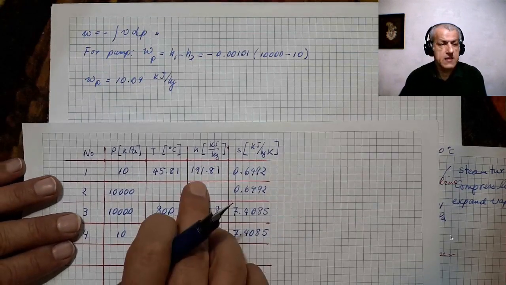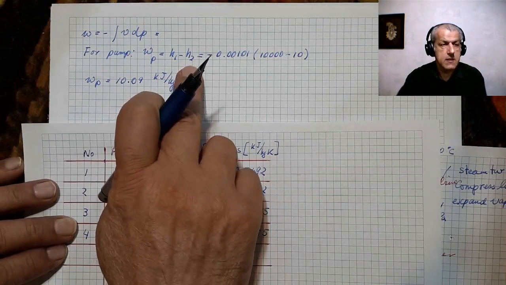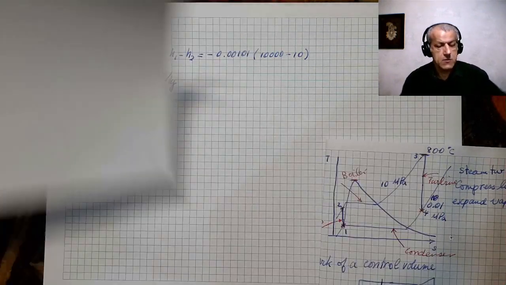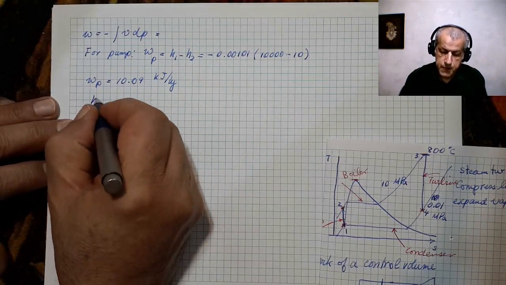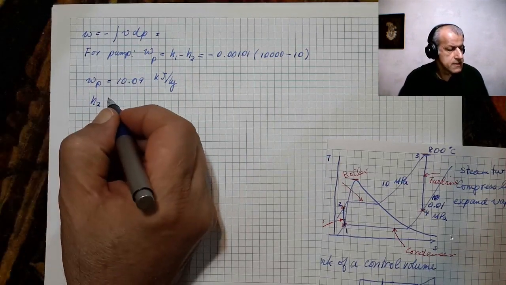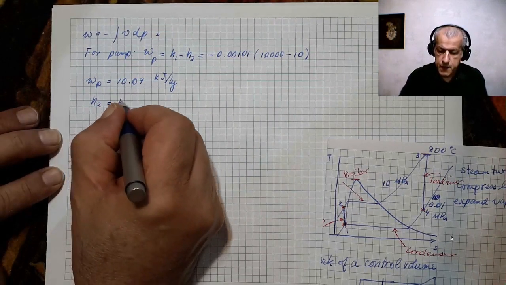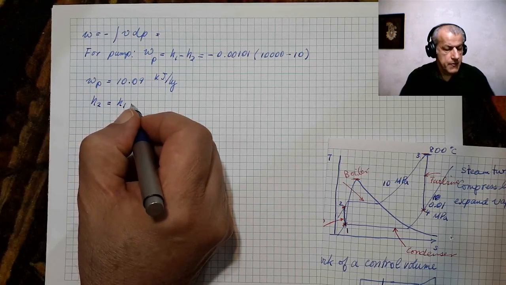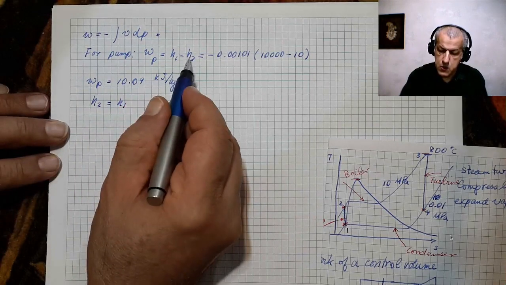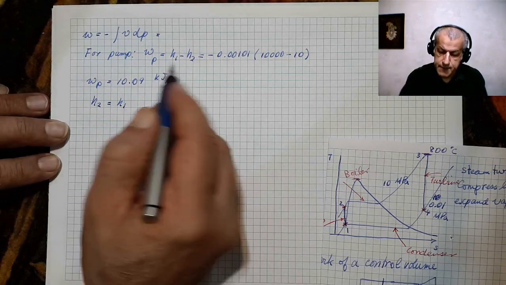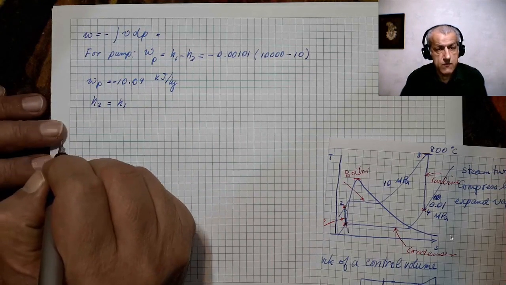Now that we know the work of the pump, we also know H for point 1. H for point 1 is known, and so we could insert it into this equation and calculate H for point 2. H2 equals H1, and there's a minus here, which we shan't forget because we have to do work.